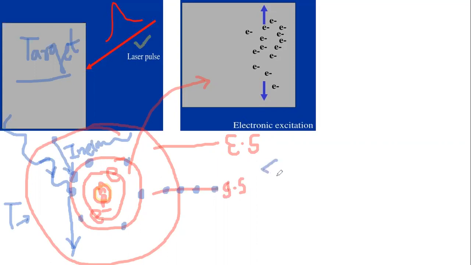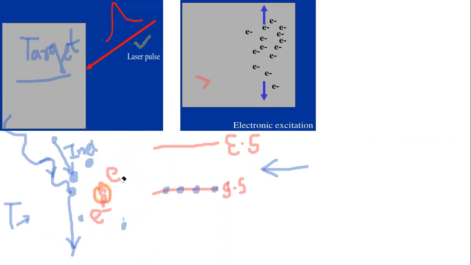But if we look at the ground state and electronic excitation state, whenever the laser beam enters, I will show you here. Look at this figure: whenever the laser beam comes into the atomic site or targeted material, inside the target material there are various numbers of electrons present, one, two, or an infinite number, and at the same time such electrons are excited.